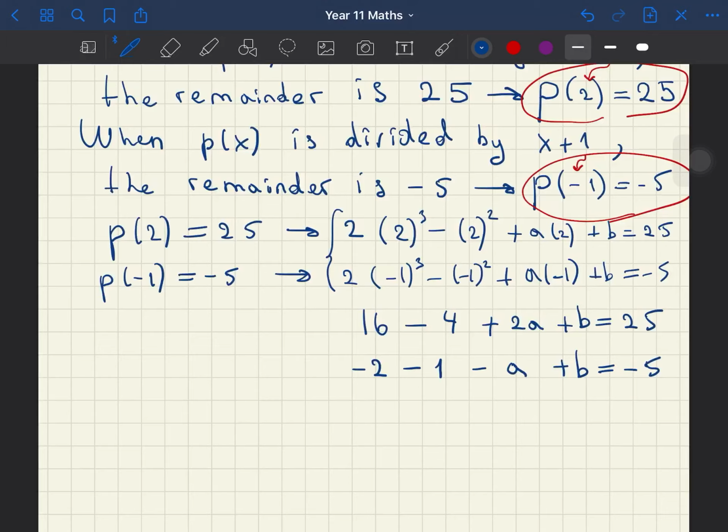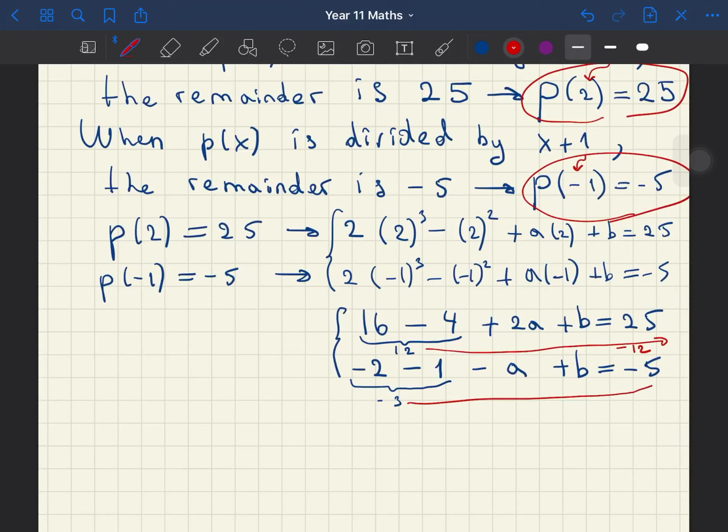So 16 minus 4 together is 12. Let's take it to the other side, so it's going to be minus 12. And minus 2 minus 1 together is minus 3. Let's take it to the other side, it's going to be plus 3.